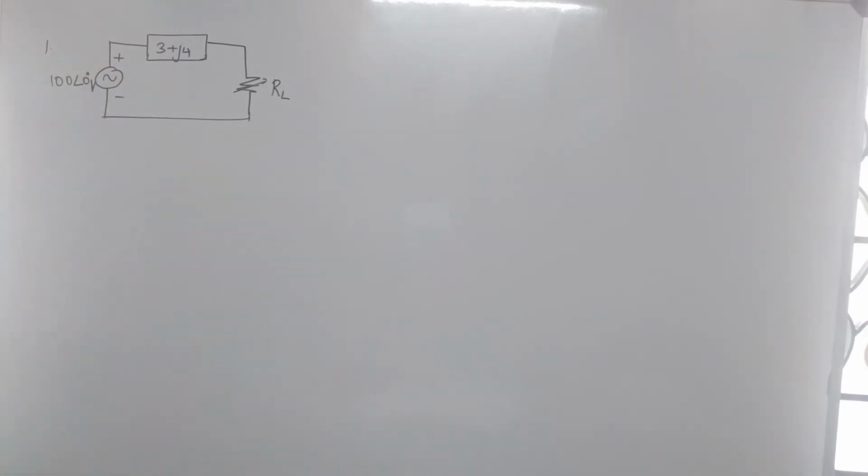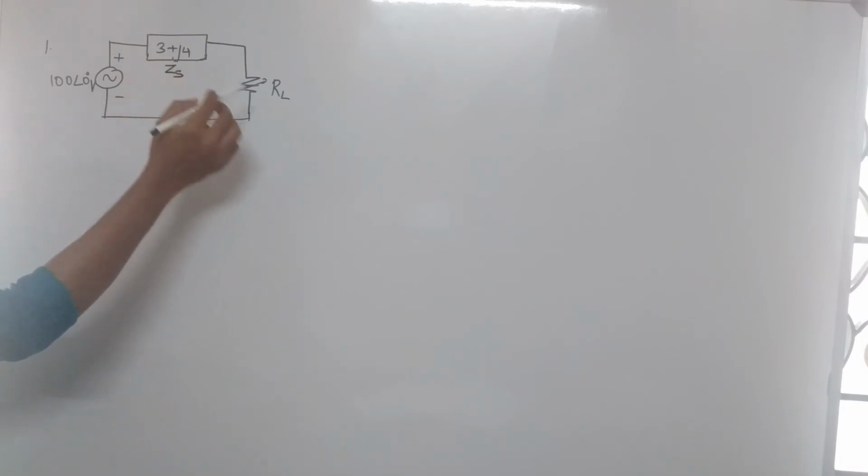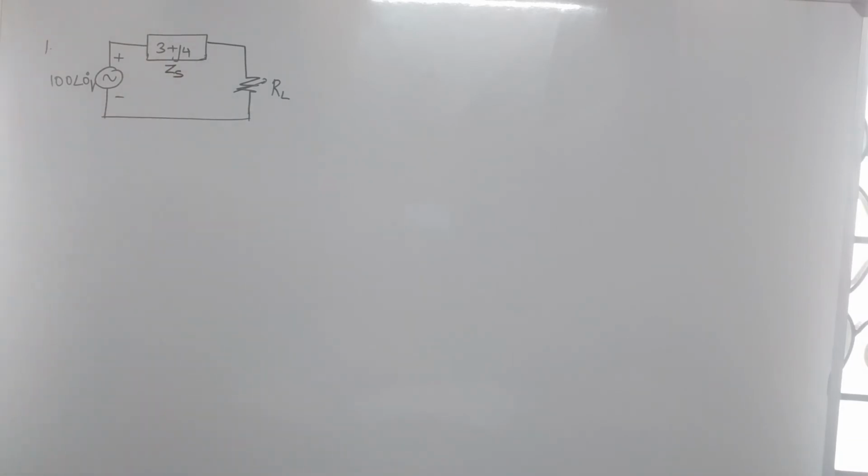So you are given a circuit and asked to find out the value of RL for which the maximum power transfer takes place. So we need to check which category that we have previously studied falls here. So here we see that the source is impedance but the load is real.